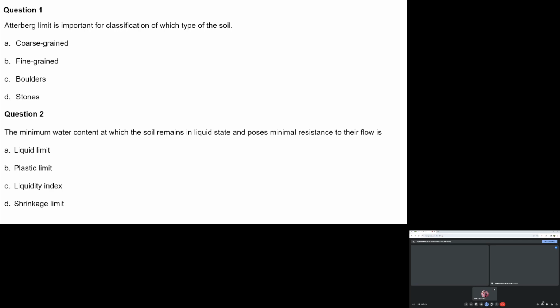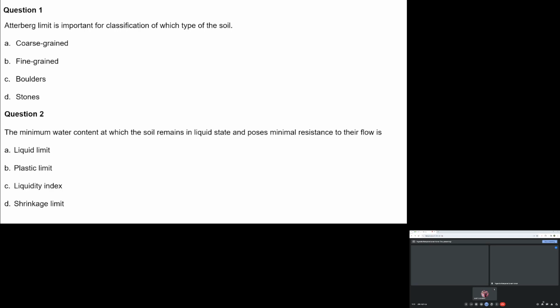Question number one. Let us start with simple questions, and then we'll be increasing the difficulty. Atterberg limit is important for classification of which type of soil? Option A, coarse grained. Option B, fine grained. Option C, boulders. Option D, stones.